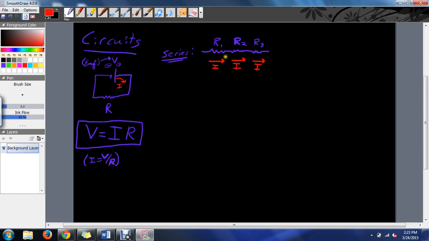So the current represents the flow of electrons, and each resistor will, of course, experience all of the electrons. So from the point of view of the resistors, they experience the same current. So it should make sense that the series orientation of the resistors results in the same current for all resistors.